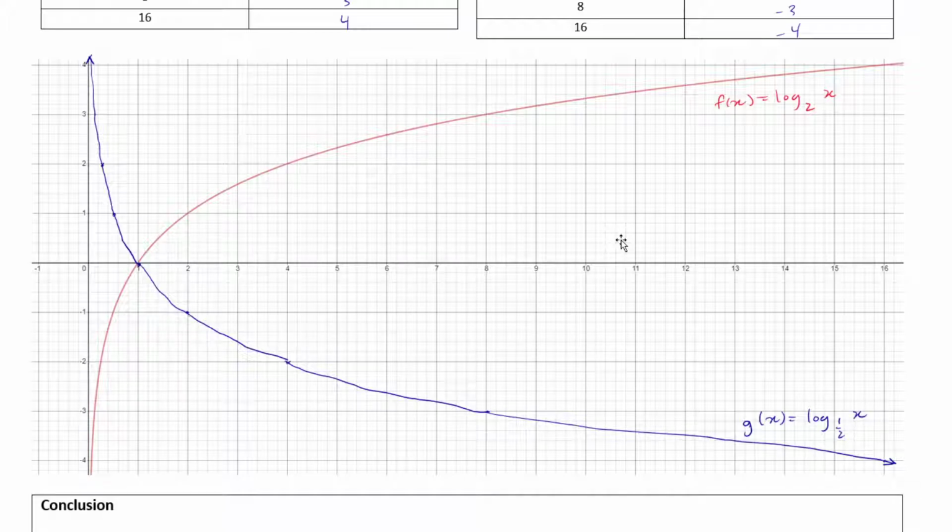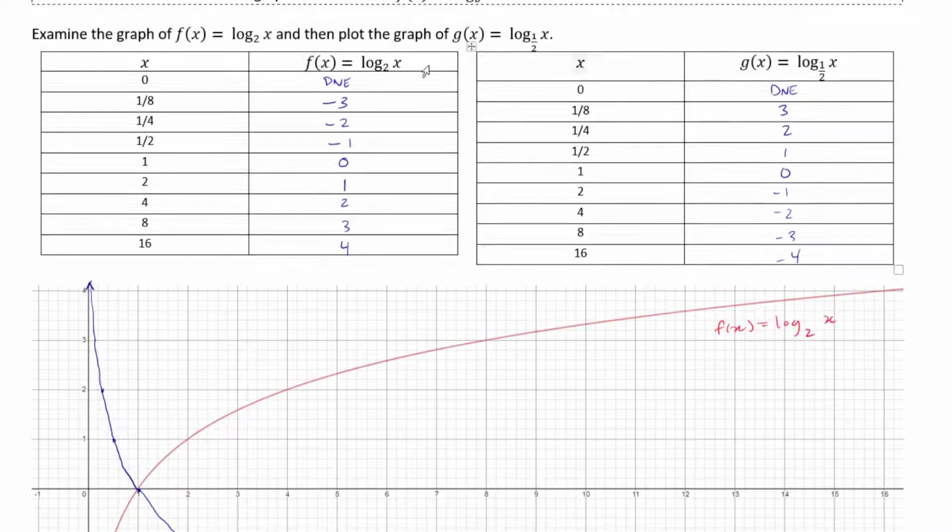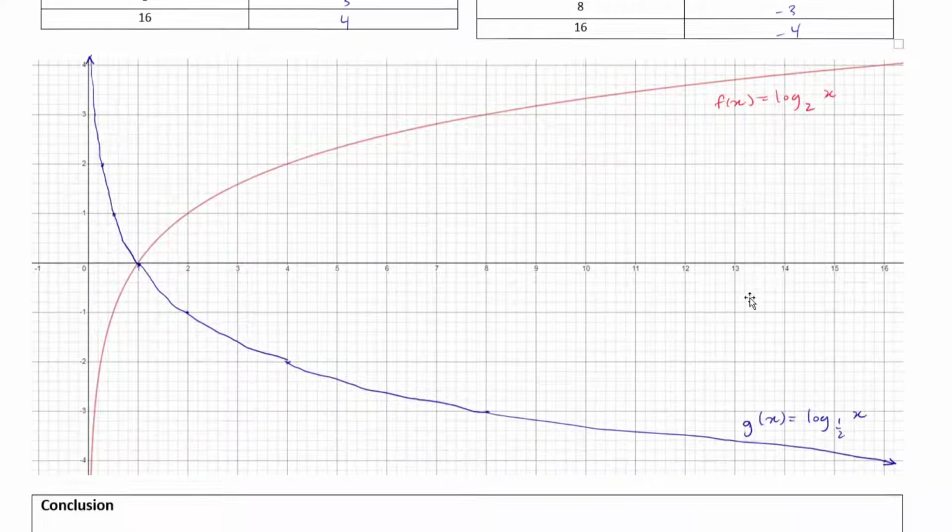So the conclusion asks you to compare g of x to f of x. So f of x has a base of 2. g of x has a base of 1/2. So how do these graphs compare? Well, you can see that if you take the reciprocal of the base, the logarithmic graph is a reflection in the x-axis.